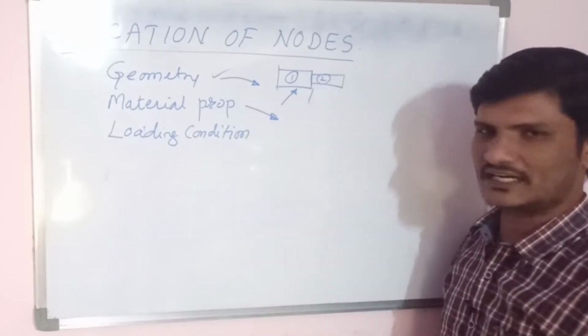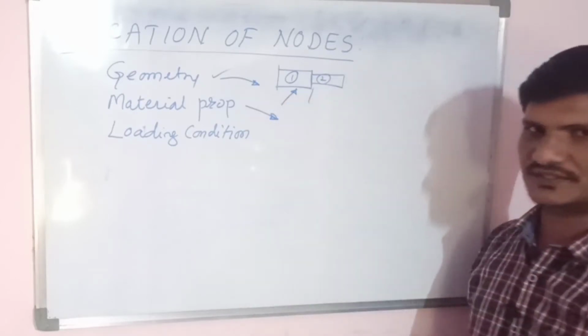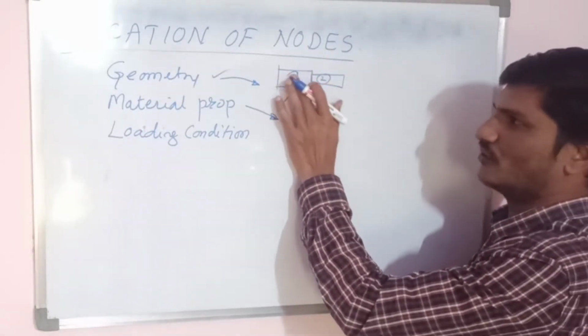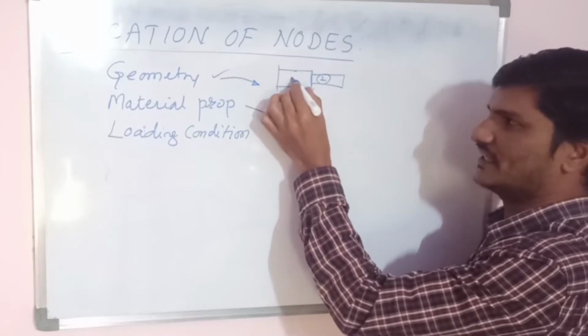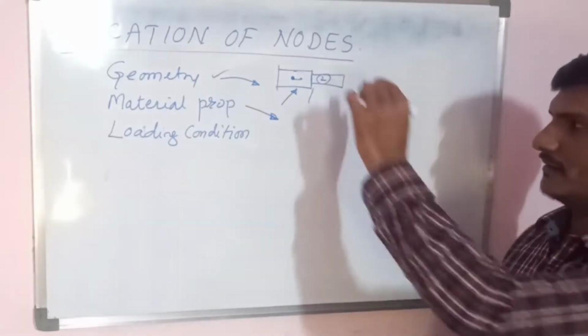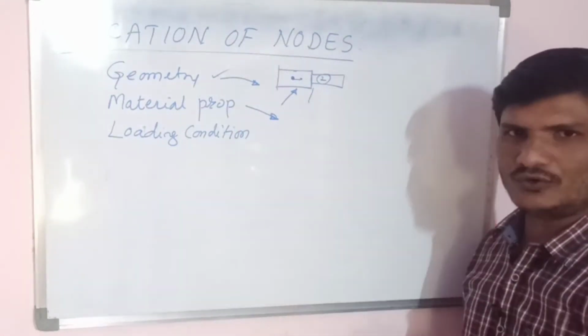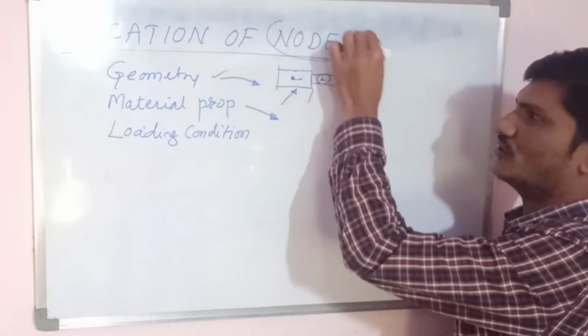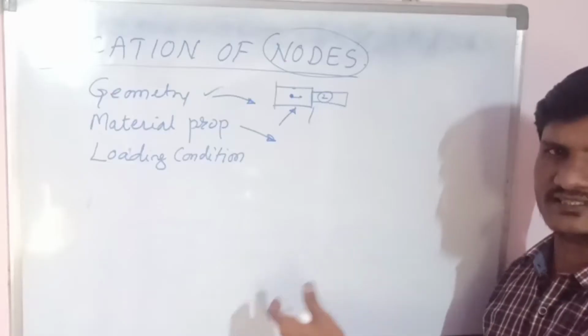That we will also come to know. And loading conditions: suppose at element 1 there is a load, and it acts at the middle of the element. There, how you have to consider the point or the nodes, we will discuss now.